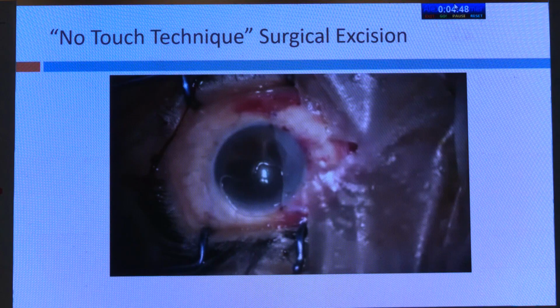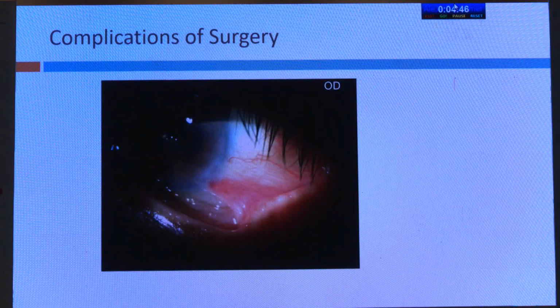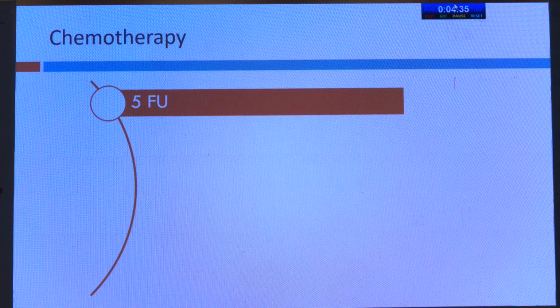This is followed by application of the amniotic membrane graft and a BCL application. However, the downside of the surgery is formation of symblepharon, limbal stem cell deficiency, and development of pannus that needs to be taken care of, and that is what led to the advent of chemotherapy in OSSN.